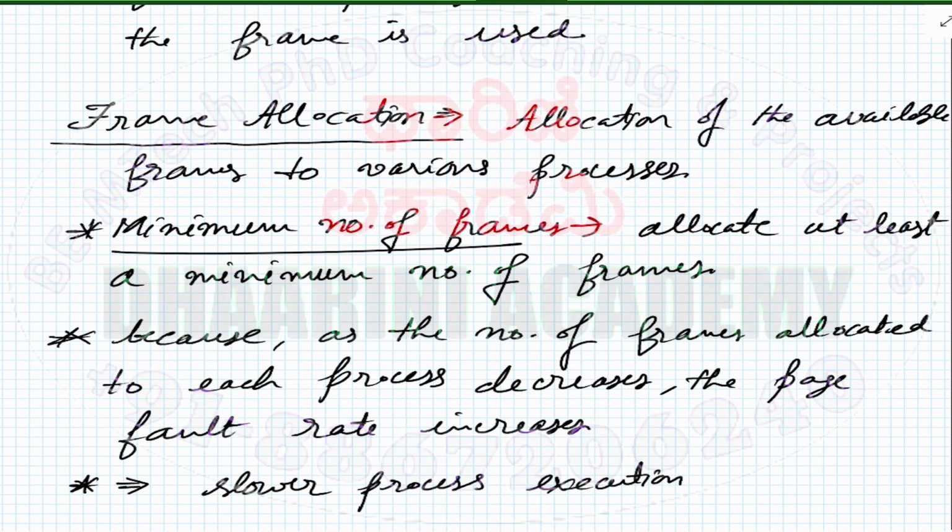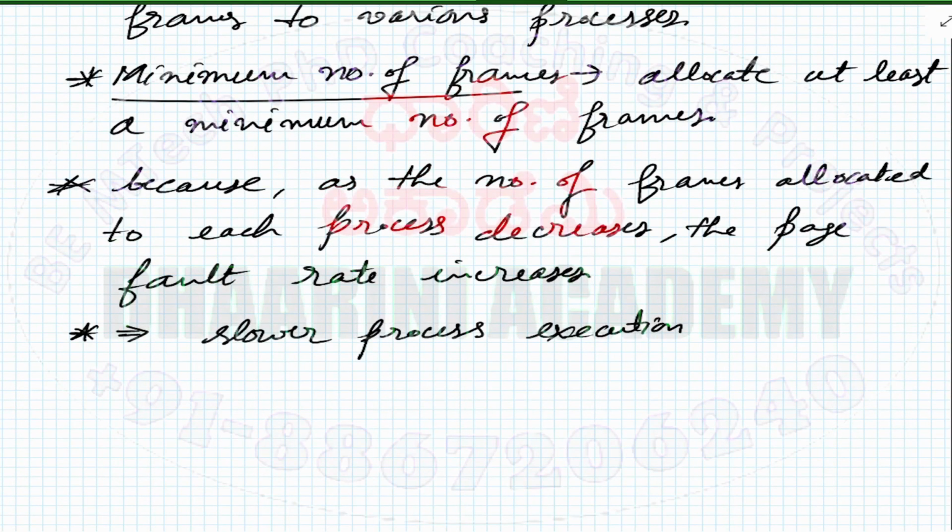In addition, we can understand one thing: when a page fault occurs before the execution of an instruction completes, the instruction must be restarted. We saw in the previous cases that not only do you waste some time, you restart the whole process once again.